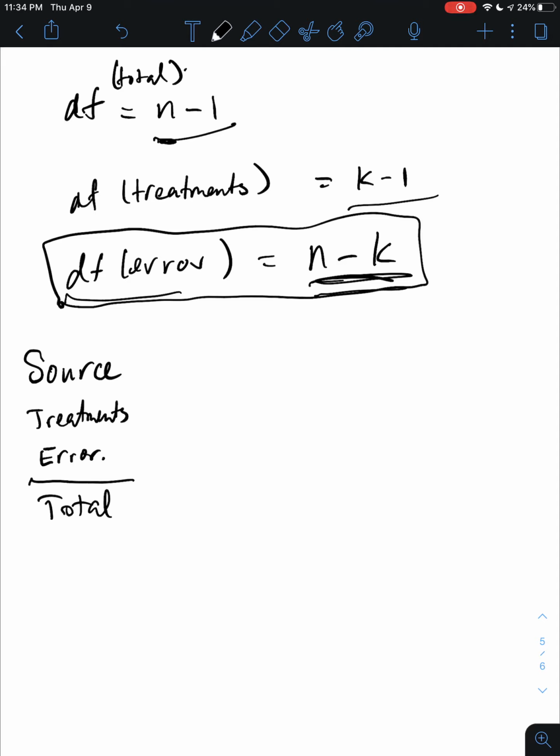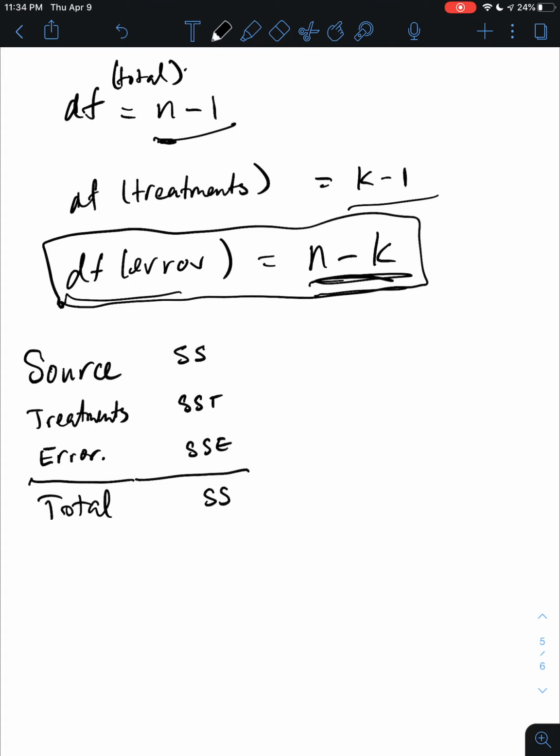Okay, so a couple of things are going to be split this way. First thing is the SS, sum of squares of deviations. It gets split into two parts, the SST, SSE, and total SS.